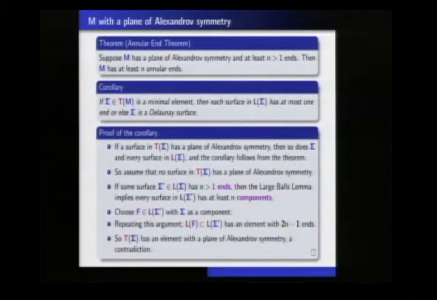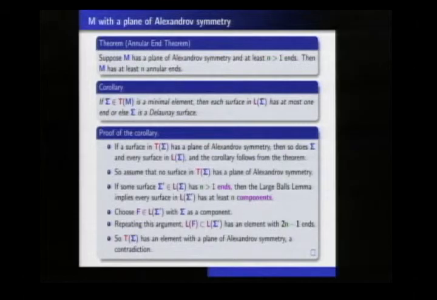Okay, so remember, this is used in proving the minimal element theorem. If we have at least two ends, and you are a minimal element, then you're a Delaunay surface.